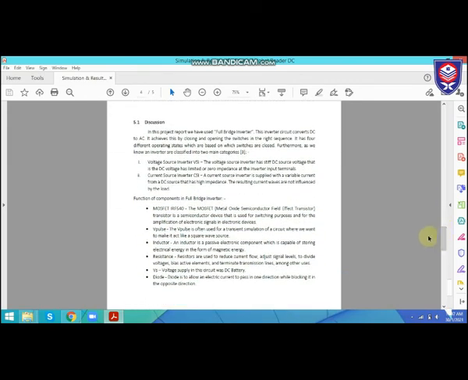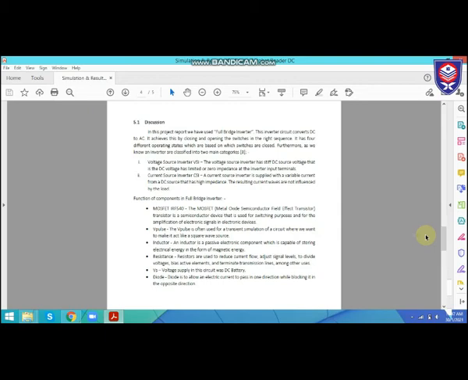So dekat sini sebagaimana yang kita tahu, kita menggunakan full bridge inverter yang convertkan DC kepada AC. Dan kita tahu juga inverter ni diklasifikasikan kepada dua, iaitu voltage source inverter, disingkatkan menjadi VSI.